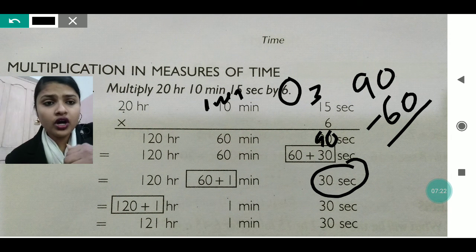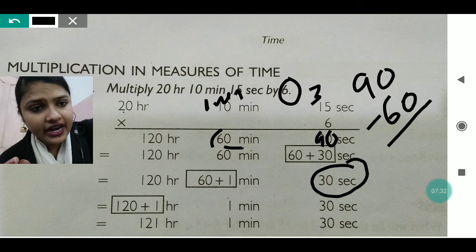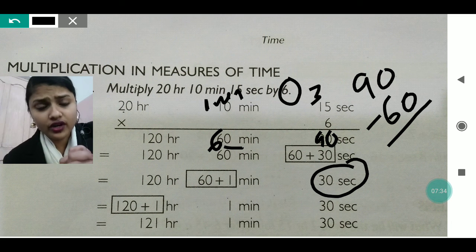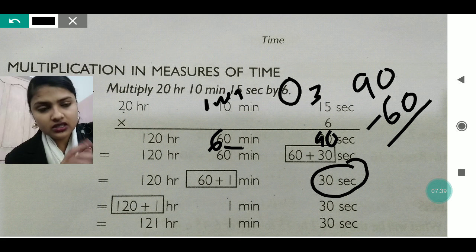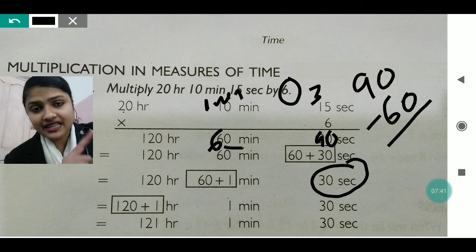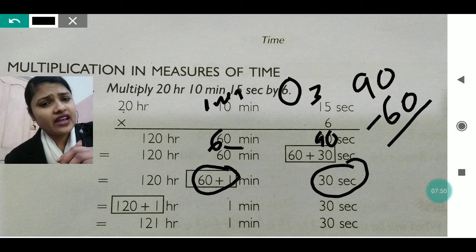After that we move on, and again you multiply 6 into 0, which is 0, and then 6 into 1 will be 6, that you write here. So you have got 60 minutes, and 1 minute is already left with us, which we converted from the 60 seconds. That 1 minute will be added, and it becomes 61 minutes. Can we take 60 from these 61 minutes?